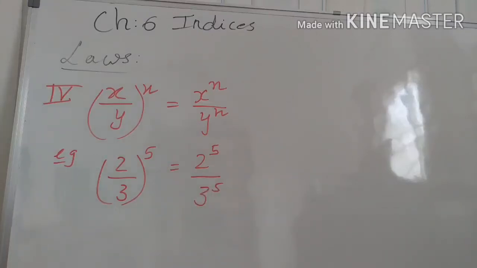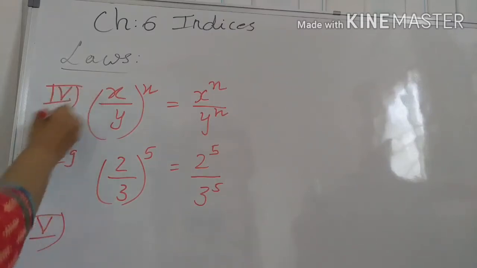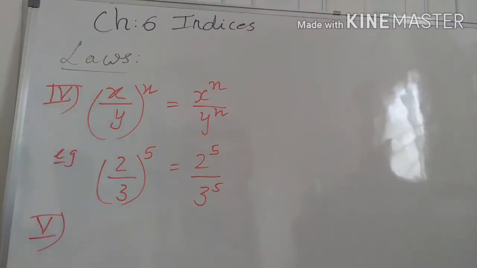Now let us move on to the fifth law, which is also our division law. In our division law, if x power m upon x power n, you can see the bases are the same but the powers are different, then we have to subtract the powers, m minus n.